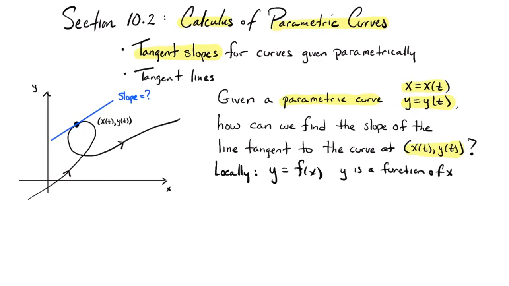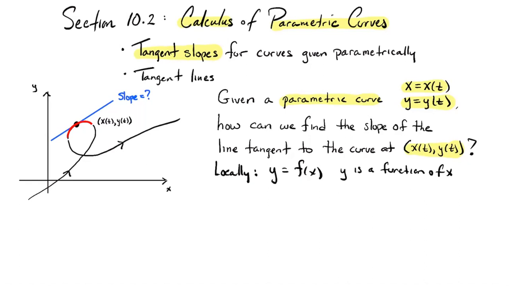Let me explain a little bit what I mean by that. Once I pick this point, I focus my attention on a small section of the curve around that point. I'm going to erase part of this temporarily to help you focus your attention. Remember, this is not a function of x globally because the curve doesn't satisfy the vertical line test.